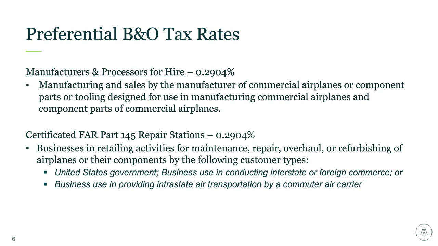A processor for hire is engaged in a very similar activity, except that they typically don't own the materials that they're working with. But both types of companies can qualify for a preferential rate. And then there's also a preferential rate for the repair station.